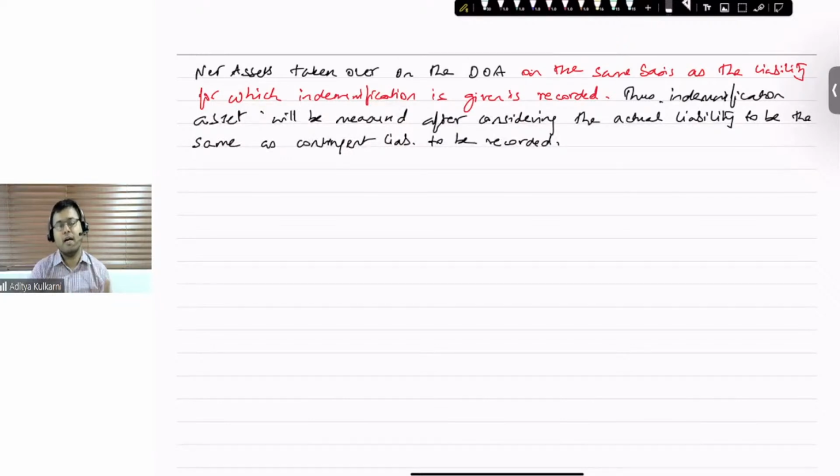So suppose the contingent liability has a fair value of 80, you will recognize an indemnification asset of 80. If it is 90, 90. If it is 100, 100. If it is 110, they have told they will reimburse only up to 100. So the indemnification asset will be 100, the contingent liability will be 110, and so on and so forth. Okay. So the actual liability to be the same as the contingent liability to be recorded.